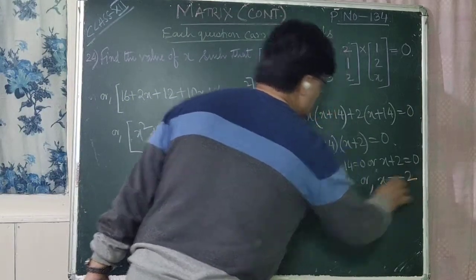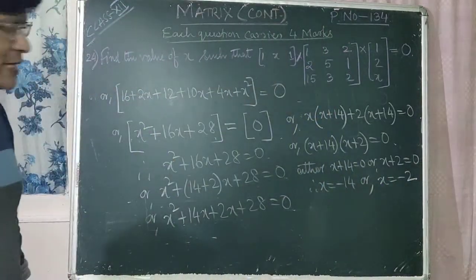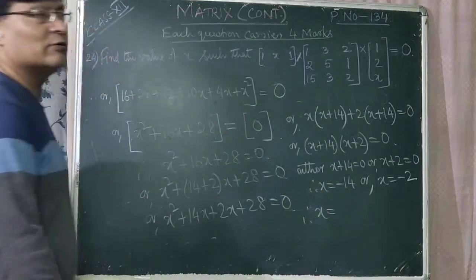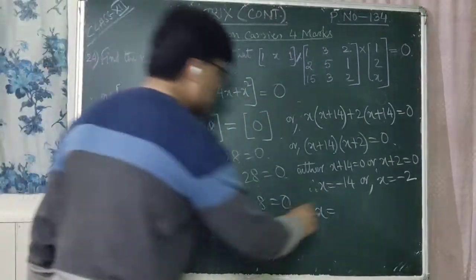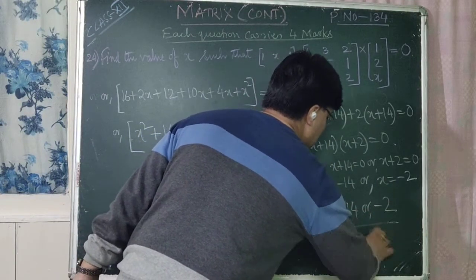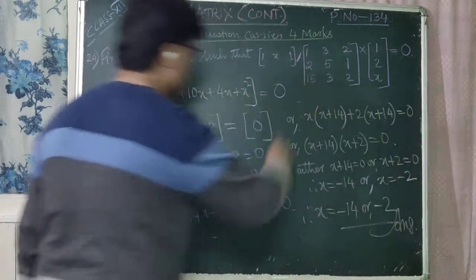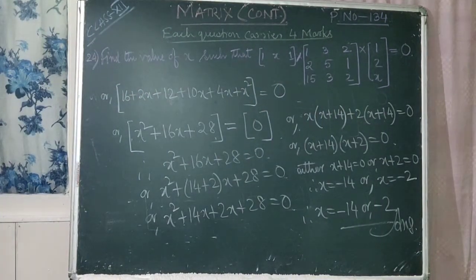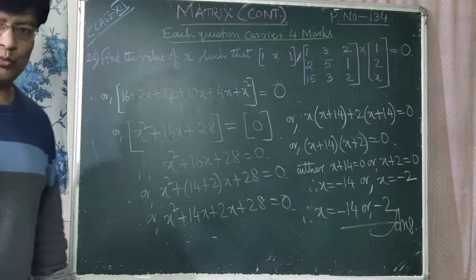So we have got the answer. You can write down the answers as x is equal to minus 14, or x is equal to minus 2. So these are the answers.